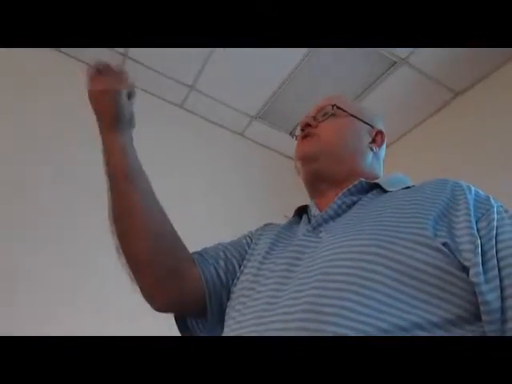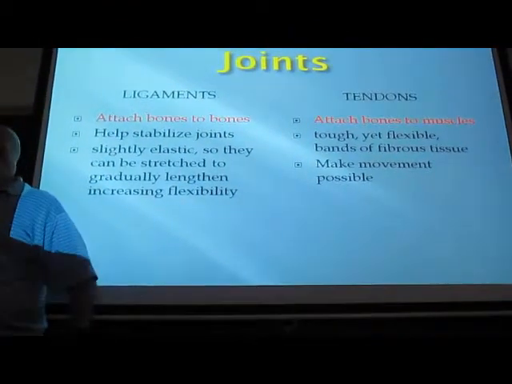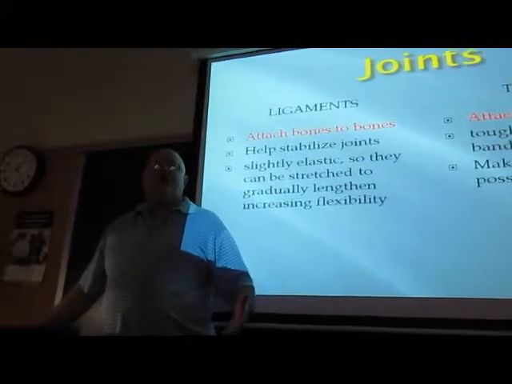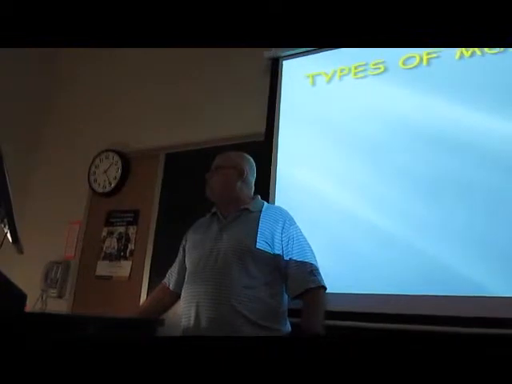The tendons, which attach the muscles to the bones, when a muscle contracts, that moves the bones and thus facilitates movement. Okay, like the ligaments, they're slightly flexible, and therefore are able to make movement. And if we are able to stretch capacity of the movement of the tendons, we increase the range of motion.